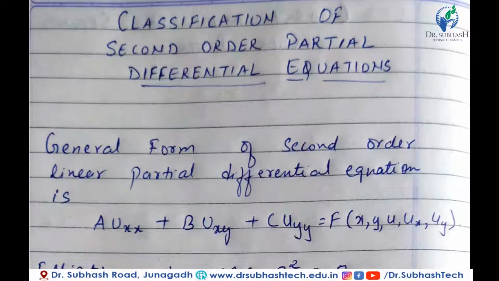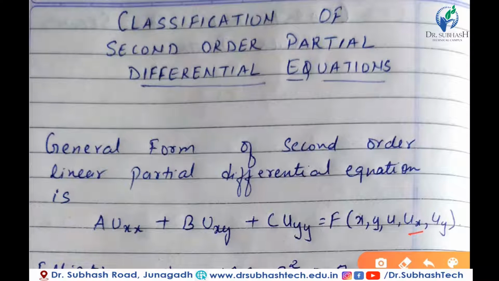The general form of a second order linear partial differential equation is a uxx plus b uxy plus c uyy is equal to f of x, y, u, ux and uy.